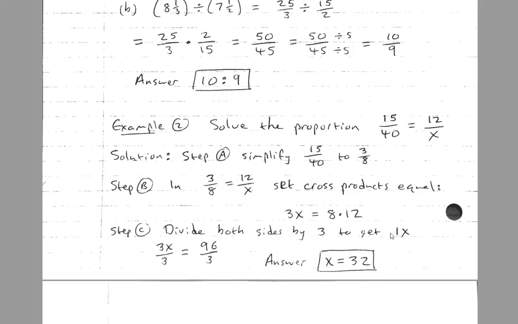So the number we were looking for was 32. And you can see that makes sense if you cancel 4's, so 12 over 32, if you reduce that fraction, you also get 3/8.